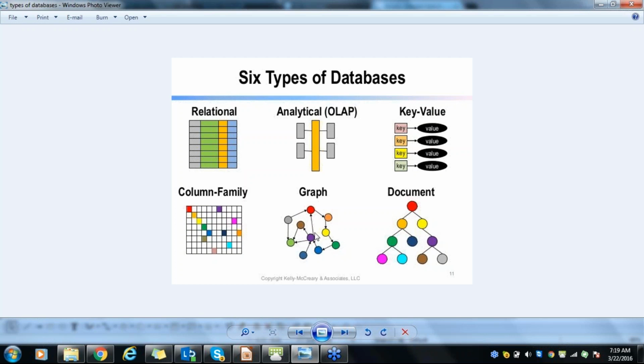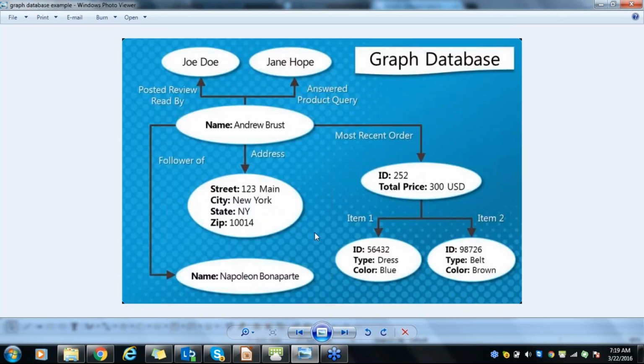And then the graph is similar. I'll show you an example. There's this guy Joe, and he has an address, and he has some orders, and he is followed by someone else.